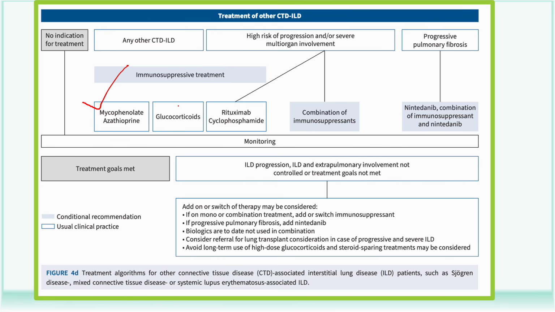You may need glucocorticoids, you may need rituximab and cyclophosphamide, especially if there's multi-organ involvement. You may need a combination, and you may need antifibrotics along with immunosuppression. So in other CTD-ILDs also, the key is early identification and management.